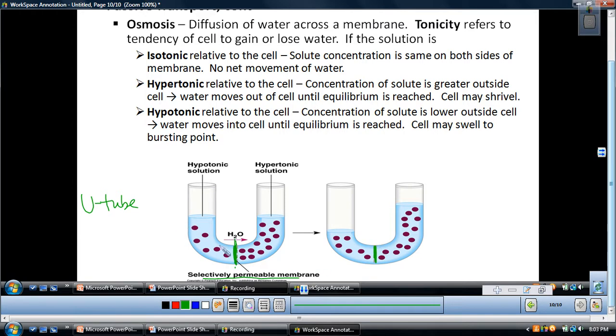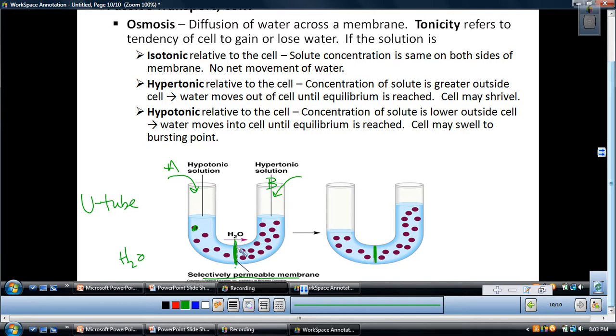So in this case, if I told you that this cell membrane was not permeable to the solute, so the solute could not go across, the only thing that is permeable is water, what you could do is fill in this side, let's say this was side A, with one solute concentration, and then inside B, I could pour a different solute concentration.